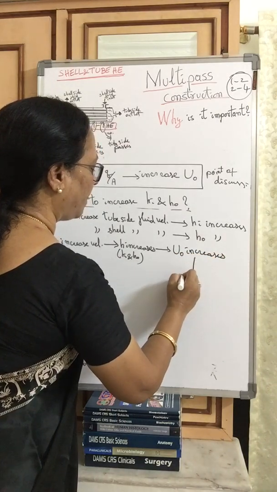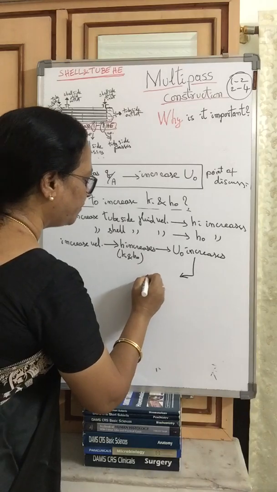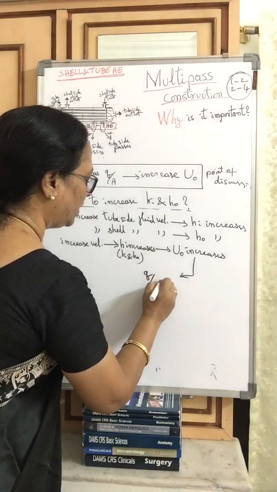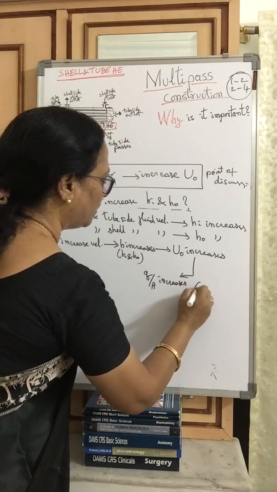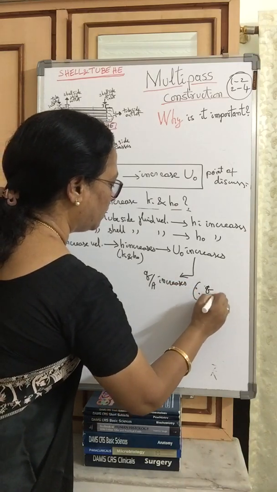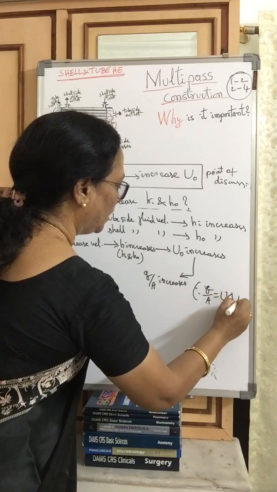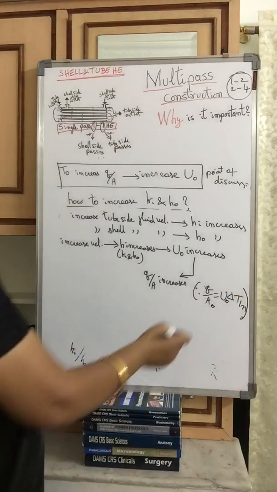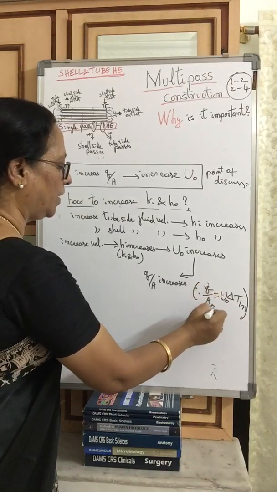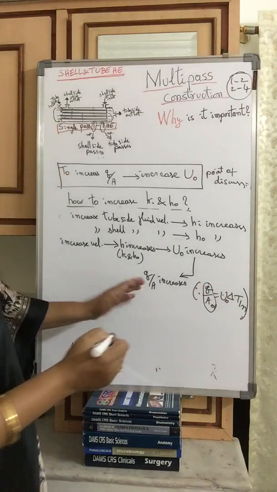Then what will increase here? Q by A increases. Because Q by A is equal to U delta T ln. So if you increase U naught, Q by A naught will increase.